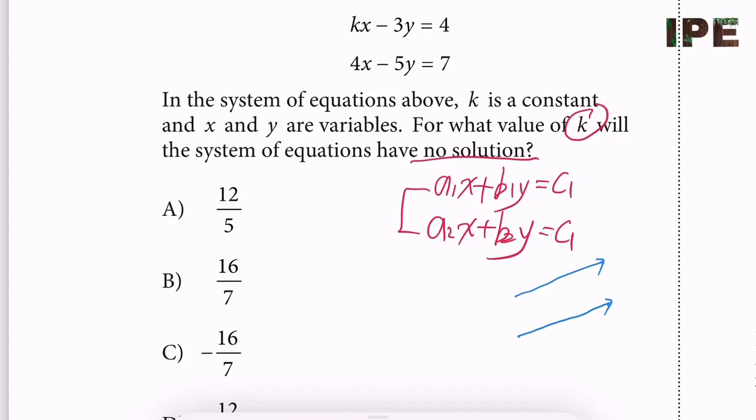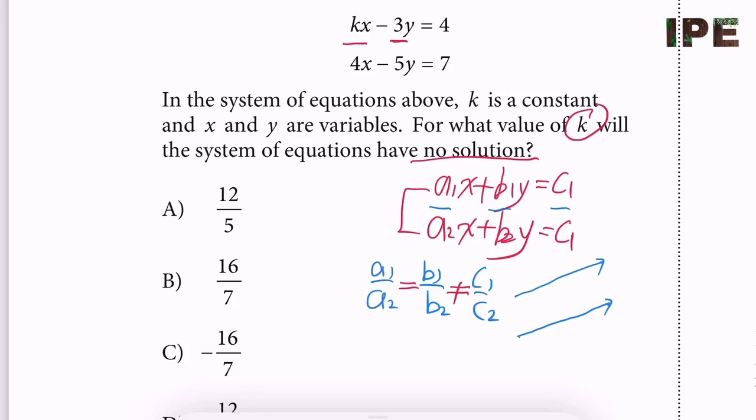In standard form, use the ratio of these numbers: a1 over a2, b1 over b2, and c1 over c2. The first two should be equal to each other, but the last ratio is not equal. Okay, what about in this problem? Just compare these ratios.